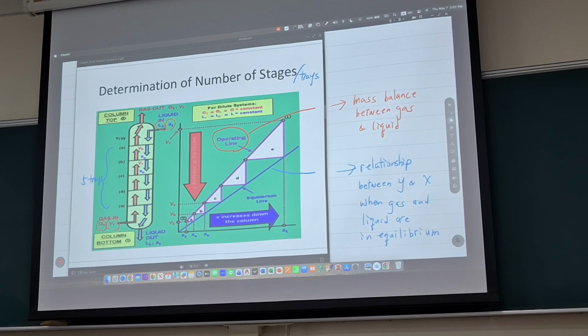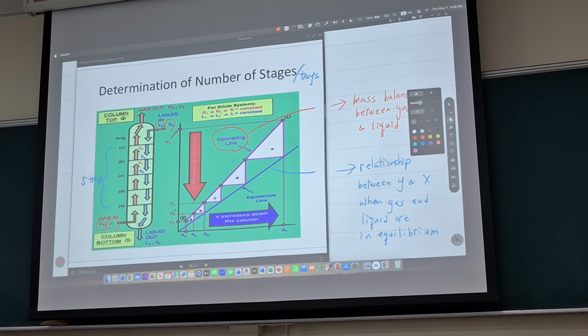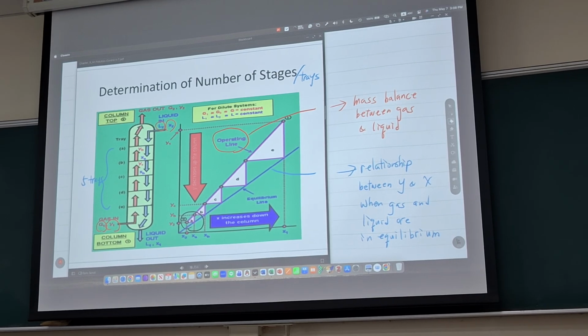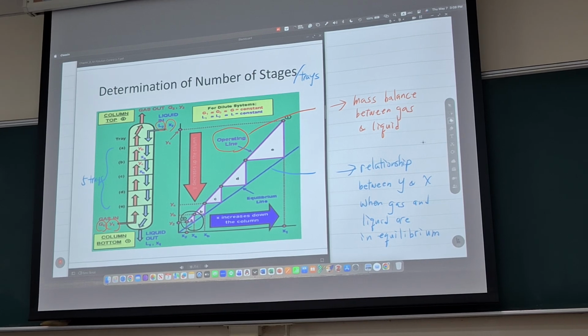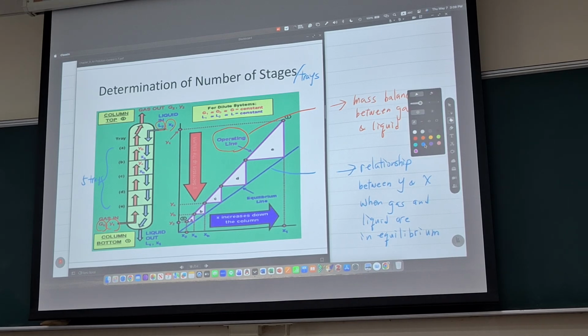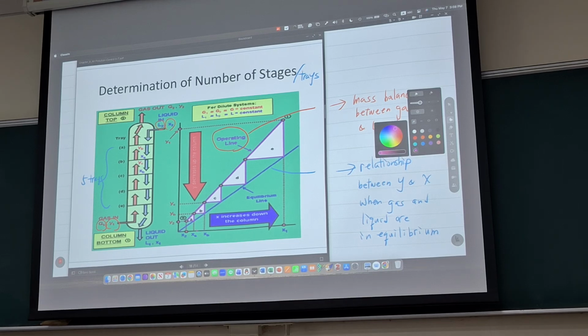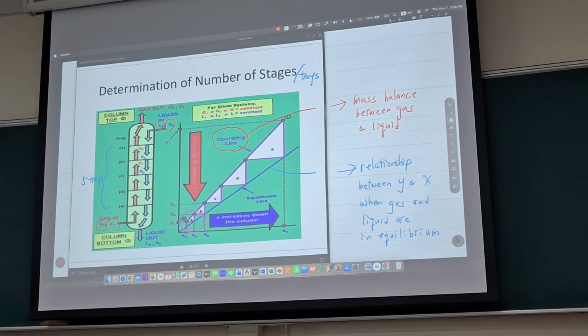Okay, after that we start to draw those staircases.